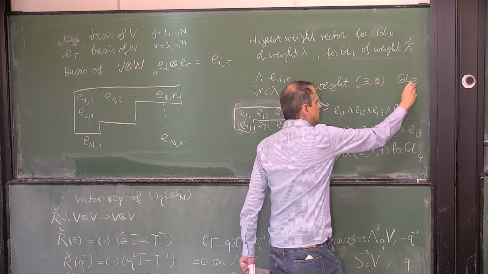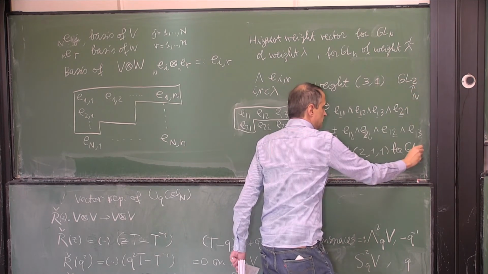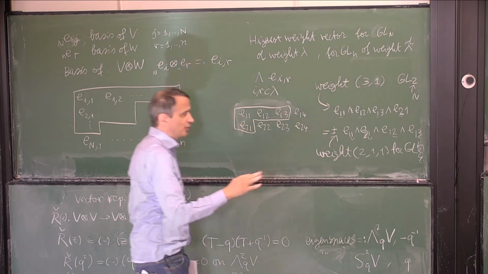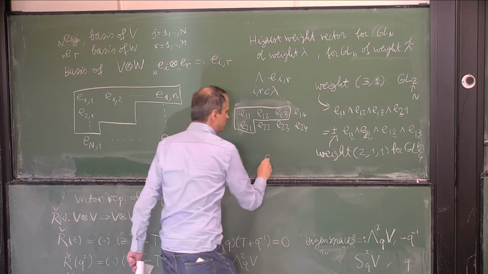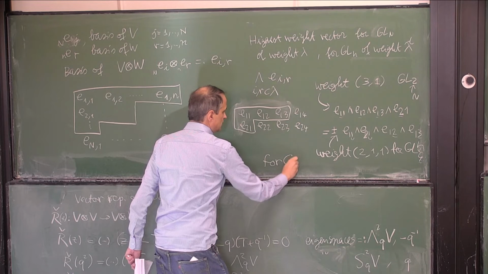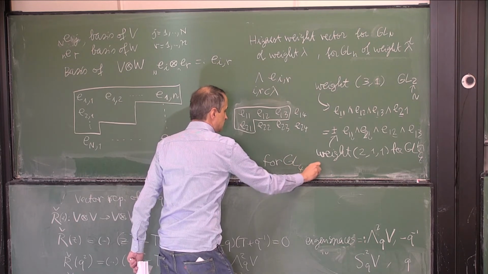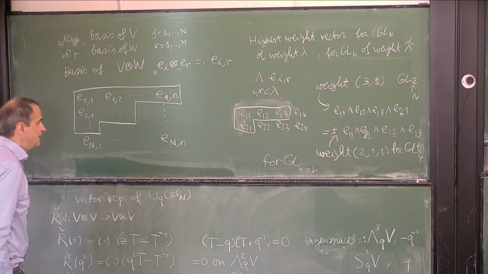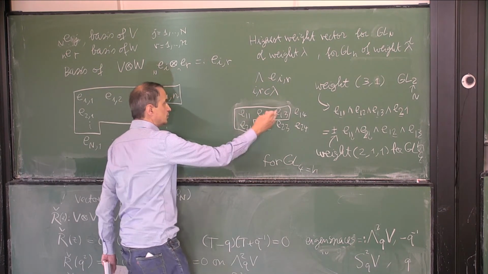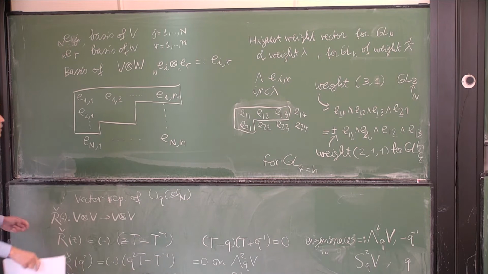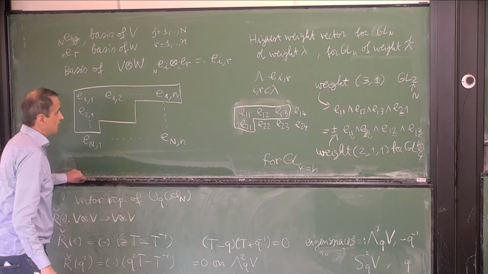So this is N, and this is small n. Sorry for those on that side. We rewrite that for GL_4, and this is a transpose, right? So this is 3, 1 and 2, 1, 1. Okay, so this is the construction.